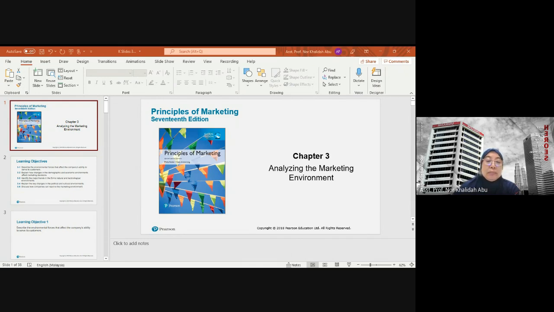But if you are already maybe an established company that you've been doing your business for some time, it will be good to continuously do your environment or situation analysis as part of your regular activity, because besides looking for opportunities, you might want to also look for any potential threats that are there in the market.